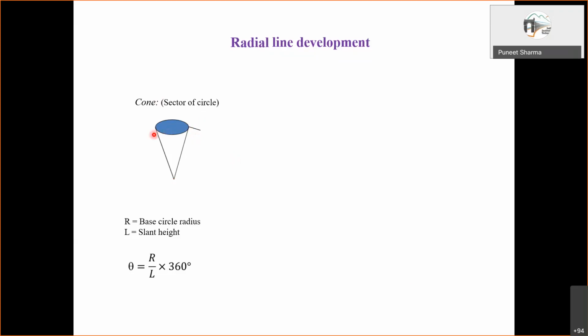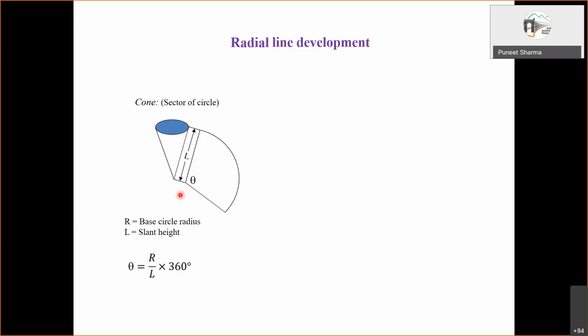If we cut open along one of the edges, like here, and then open the lateral surface, it will develop like a sector of a circle, like this. So this effectively is a radial line which will be representing one of the generators here. So it is referred to as radial line development.